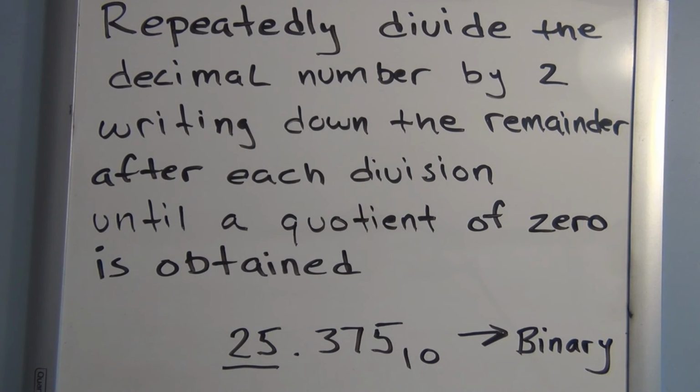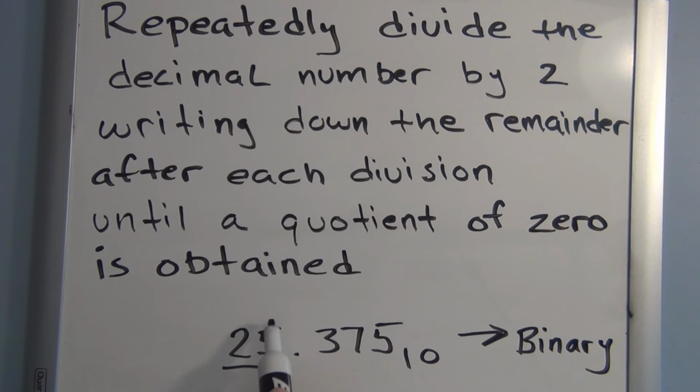Now for larger decimal numbers, or decimal numbers that also contain a fractional portion, we have a second method that we can use, and what we'll do is we'll split the whole number portion and the fractional portion and approach them in two separate methods and then combine the two results.